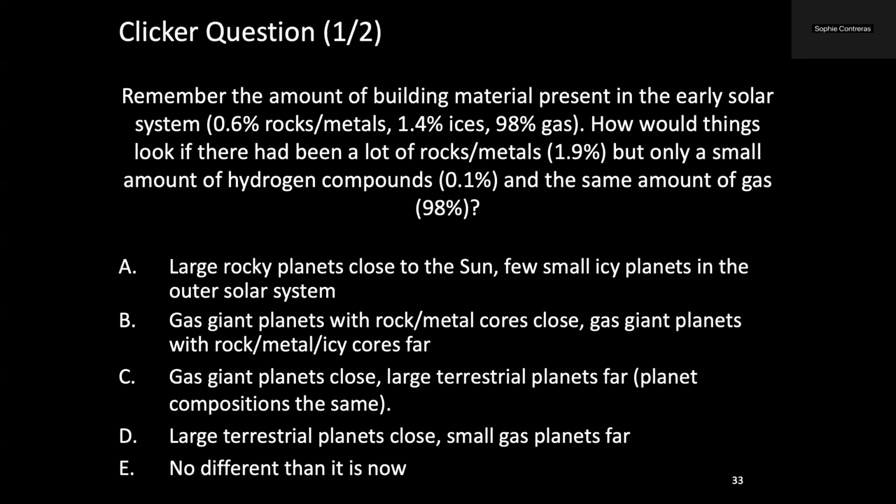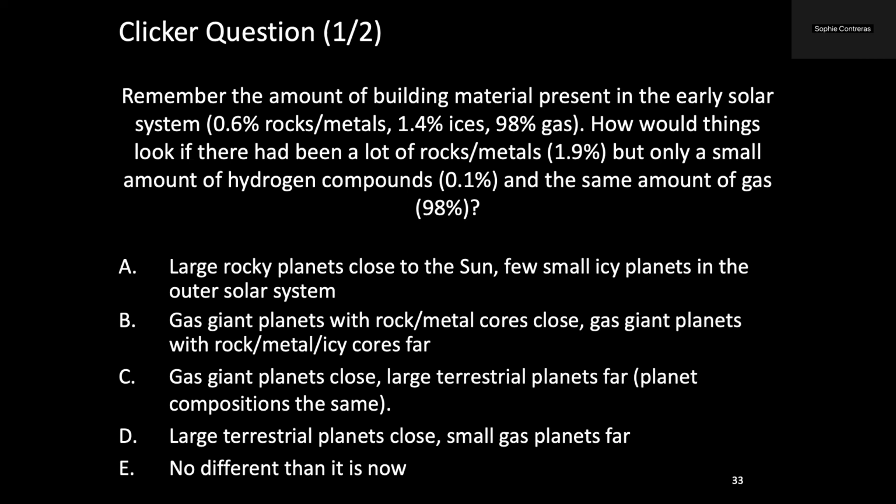Remember the amount of building material present in the early solar system? It's this fraction, and that's the same thing I showed earlier, but the only difference is I took metal and rocks and stuck them into one. So how would it look if there were a lot of rocks, but only a little bit of ice and the same amount of gas? Would it be A, large rocky planets close to the sun, few small icy planets in the outer solar system?